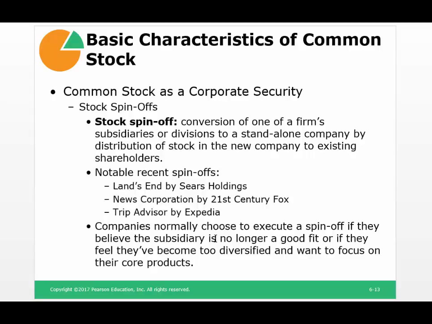Typically, we're going to spin these companies off if they just don't fit anymore, or if we just don't like the way their products are mixing with our current products. So again, it's a strategic decision to try to figure out how to better manage what we do as a business.